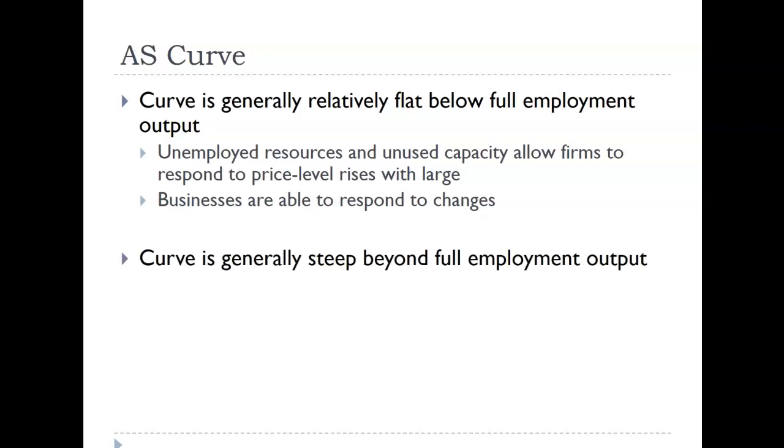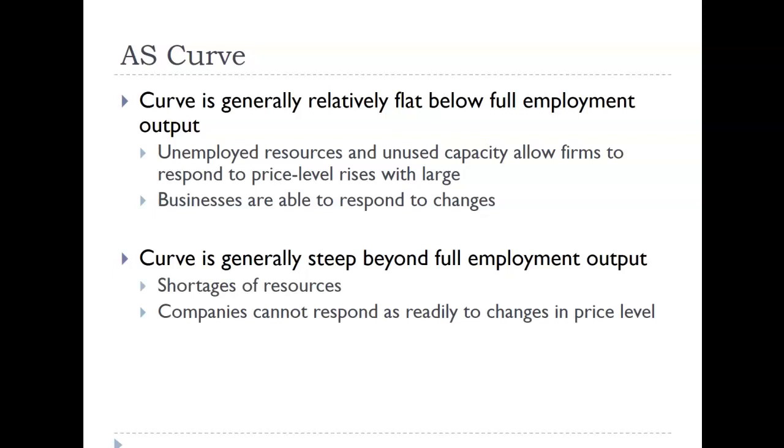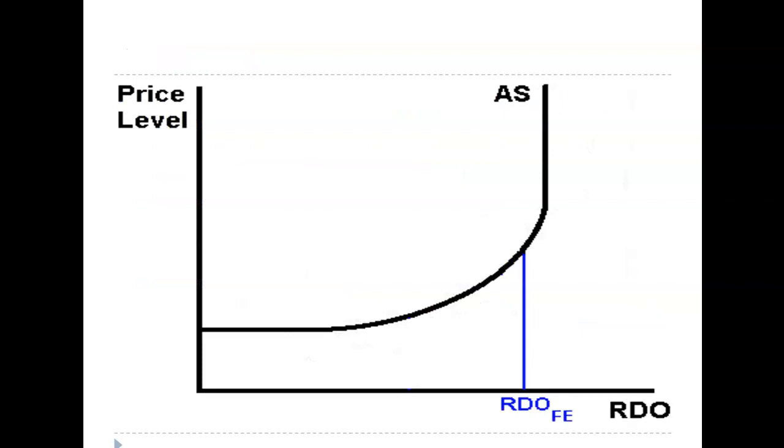Eventually, when we get beyond full employment, those resources are not as readily available, and so in order to produce more, I need to charge a larger price. Companies cannot respond to the change in price levels, they just increase the price levels. And that's when we start to get to hyperinflation conversations.